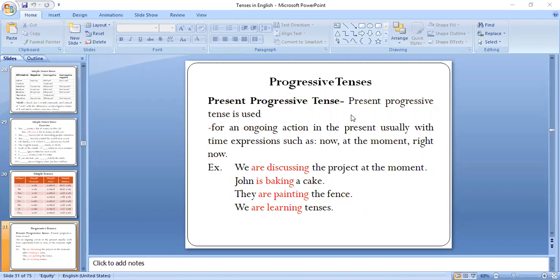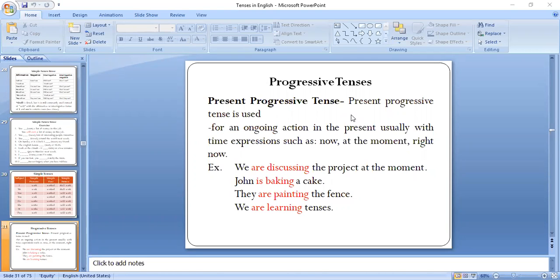Okay, I am conducting this lecture. हे लेक्चर मी घेत आहे. This is a continuous process and this is also an ongoing process. ही प्रोसेस चालू आहे, ती अजून संपलेली नाही.